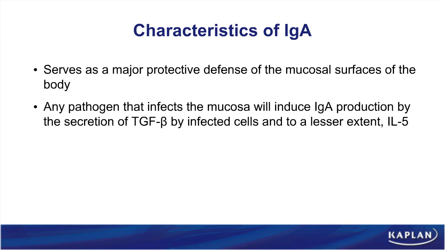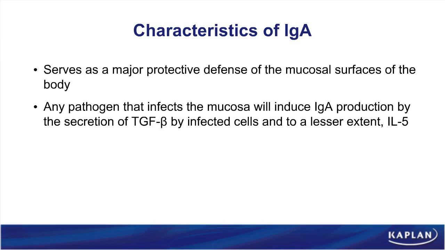And again, IgA is associated with the mucosa. So if you have a virus, a bacteria, a fungus, or even a parasite that is infecting the GI tract, the GU tract, or the respiratory tract, the predominant isotype switching is going to be to IgA.